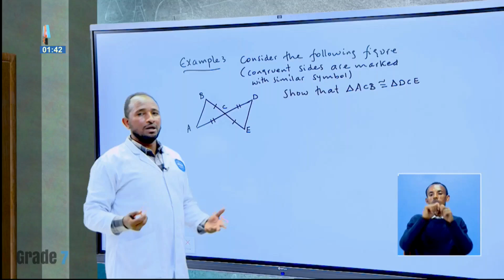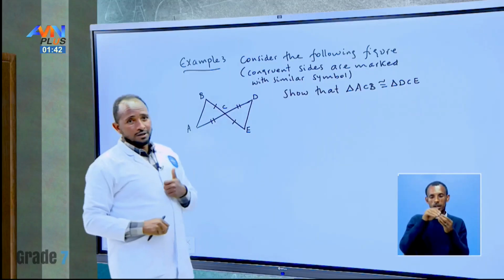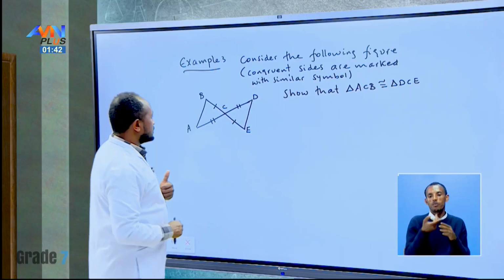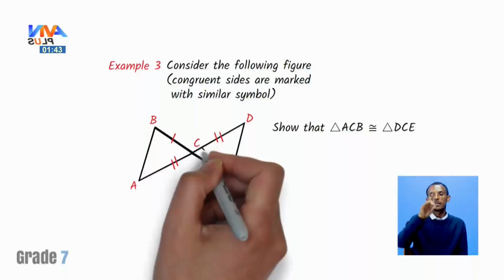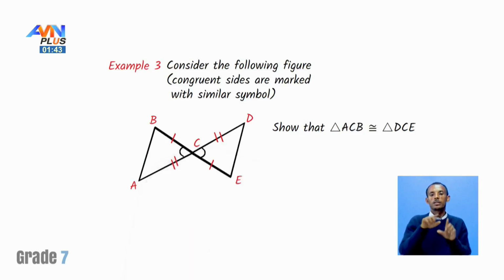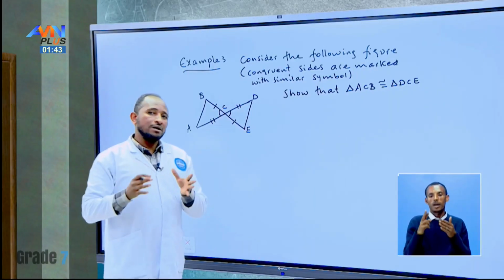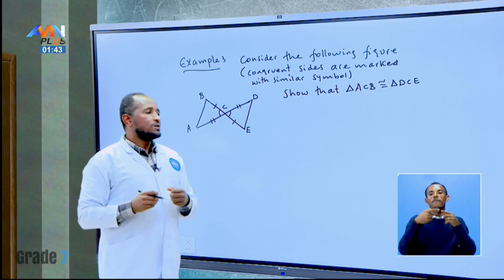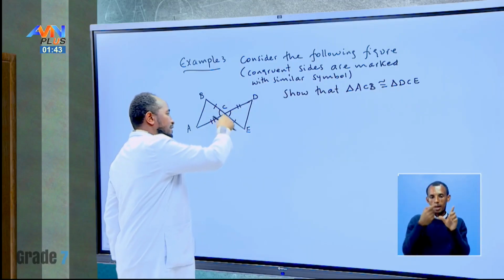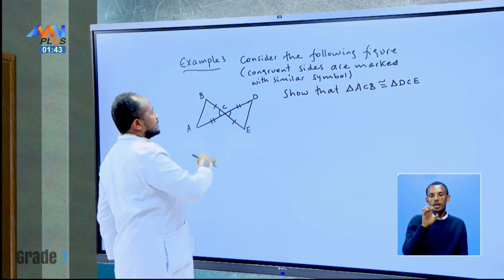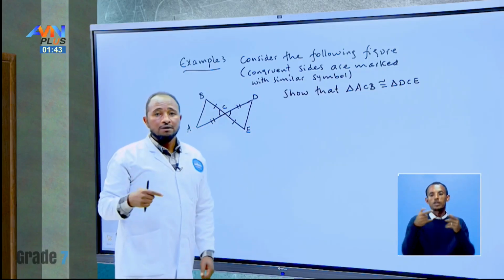We need additional information. Here, from the picture, you can see that this angle and this angle are congruent, and we call them vertically opposite angles. So, additional information: angle DCE is the same as angle BCA since these angles are vertically opposite.